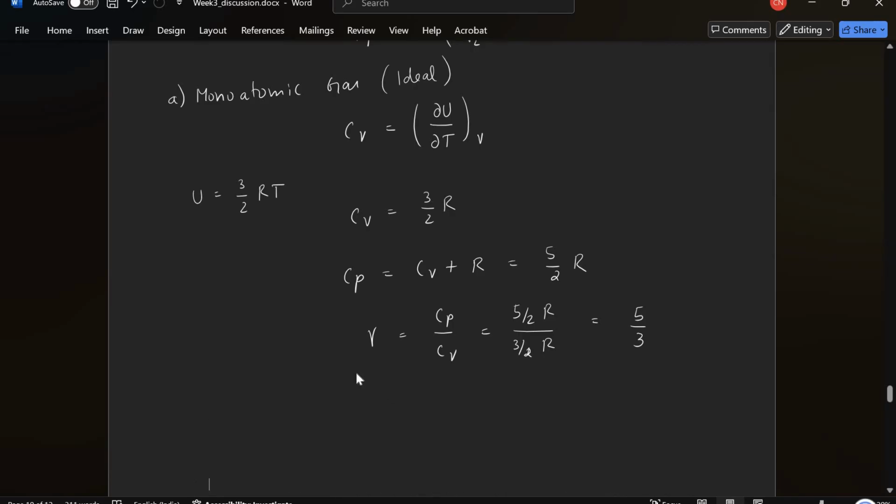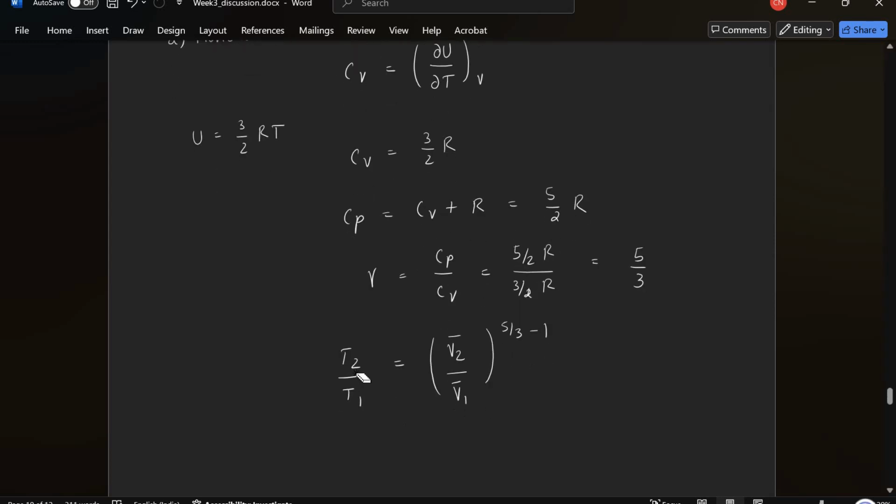So the relation between temperature and volume is going to be T2 by T1 is equal to V1 bar divided by V2 bar raised to gamma minus 1. So it is 5 by 3 minus 1.